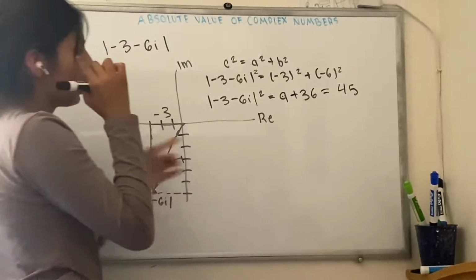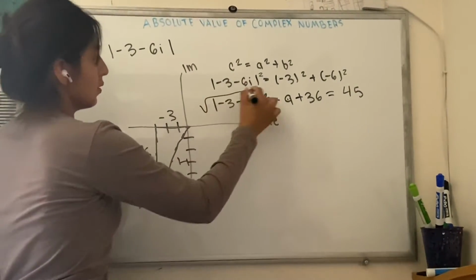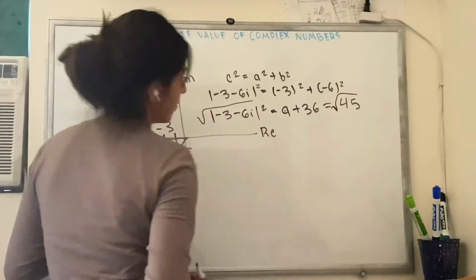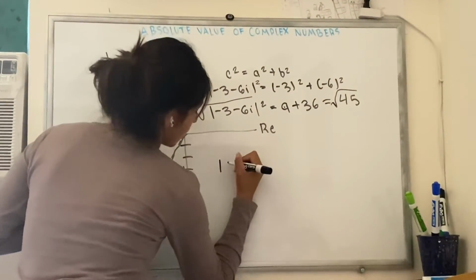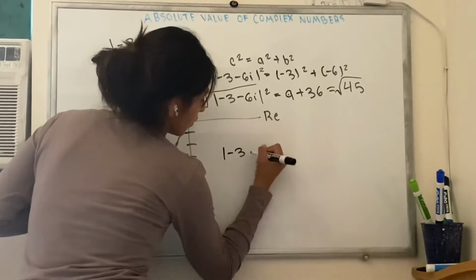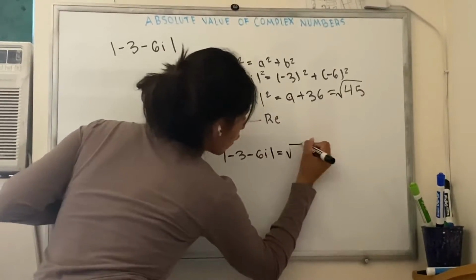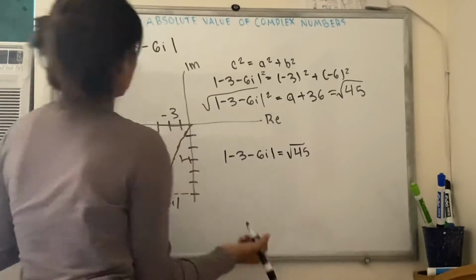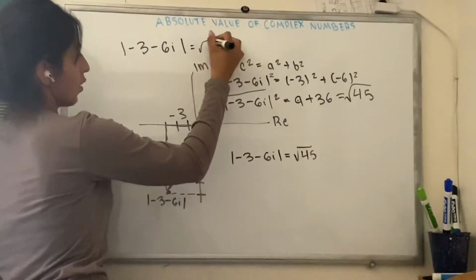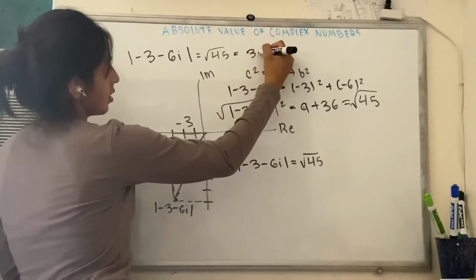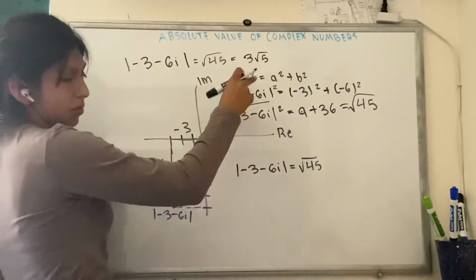So because the absolute value is squared, we will have to square root both sides. So the absolute value of -3 minus 6i is the square root of 45. If you want to further simplify this, you can get 3 times the square root of 5.